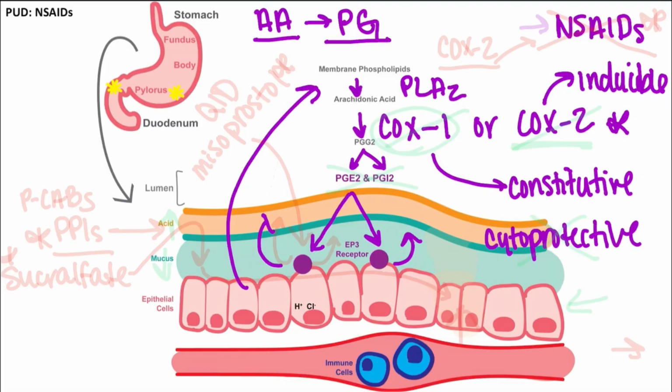Now, in the case of patients taking chronic NSAIDs like ibuprofen and naproxen or aspirin, these agents all exert their anti-inflammatory effects by non-selectively inhibiting COX enzymes, so COX-1 and COX-2, and the downstream production of prostaglandins and other pro-inflammatory molecules.